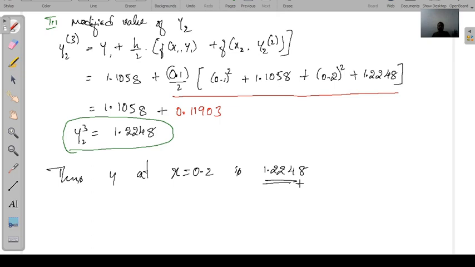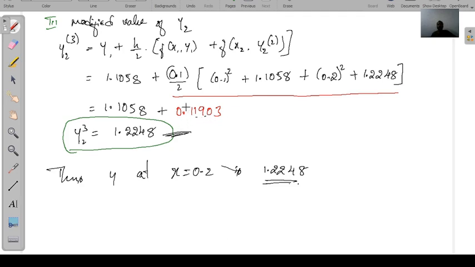So these are things that you have to make a note of. First we have to calculate the value of y at x is equal to 0.1. Then by taking the value of x and y as x1 and y1, we are going to compute the value of y at x is equal to 0.2. So that value is 1.2248. Here remember, we are not rounding up the fourth decimal place in the intermediate steps.